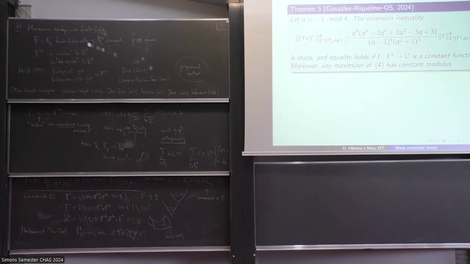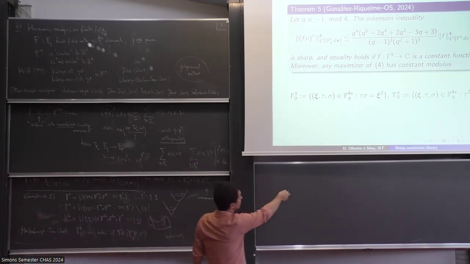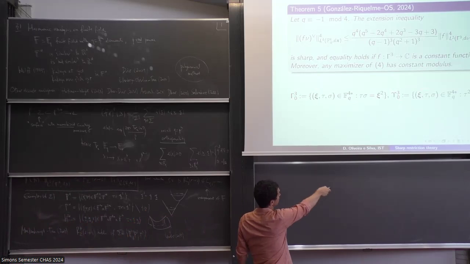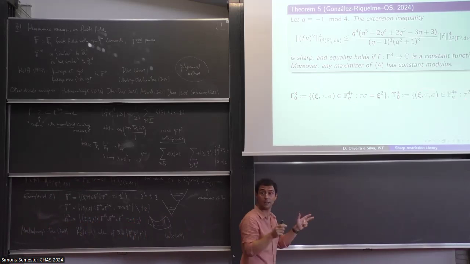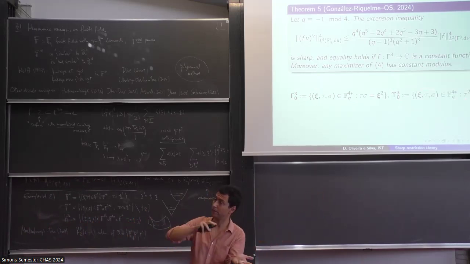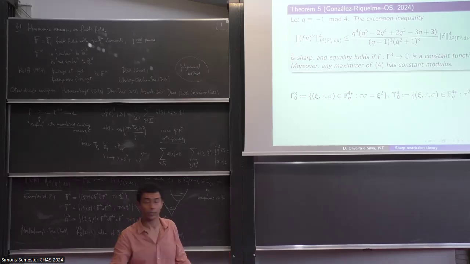Well, that's not the case for sharp results. So if we add the origin to the three-dimensional cone, which I call gamma 30, that's just the cone we have with the origin added. Or even more generally, if we consider the cone gamma 03, which is a bit different. These two cones are the same in half the cases because we can map one to the other by a change of variables, but in general they're not the same.